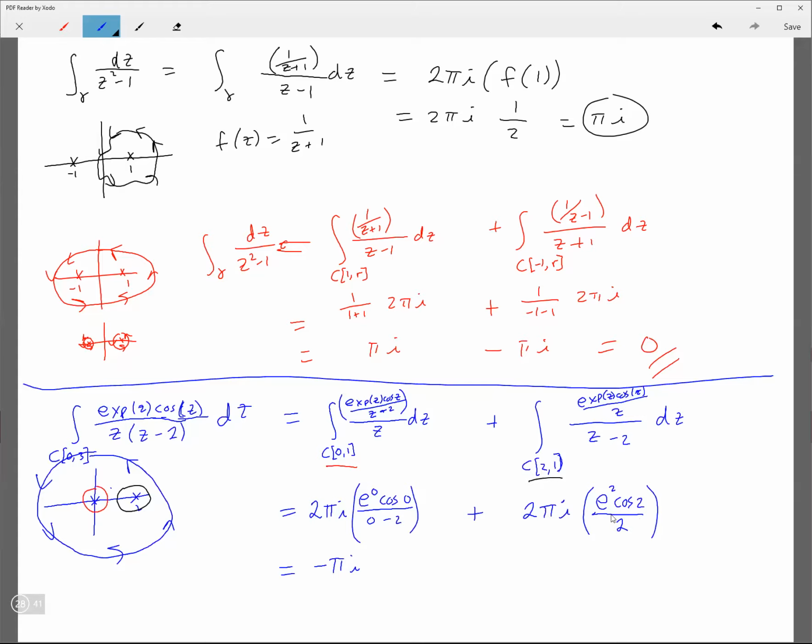You're just plugging 2's in for z's right here. So that's going to be plus, the 2's are going to cancel, and you're going to have pi times e squared cosine 2 i. Great, so that's what the integral is going to be.